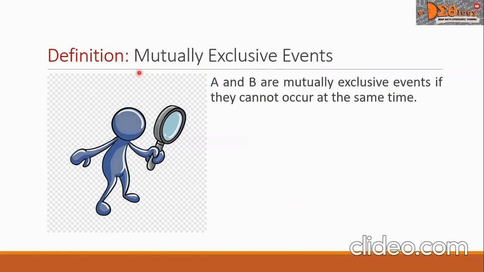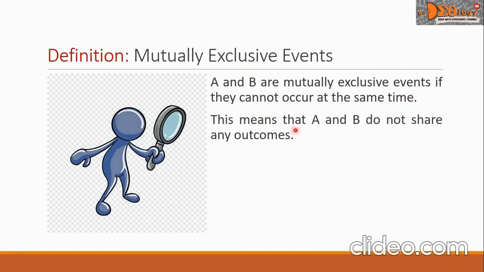Let us define mutually exclusive events. A and B are mutually exclusive events if they cannot occur at the same time. This means that A and B do not share any outcomes.